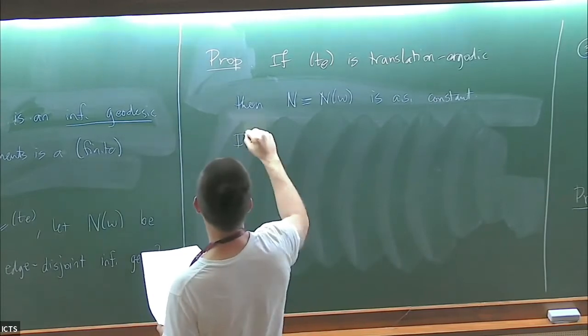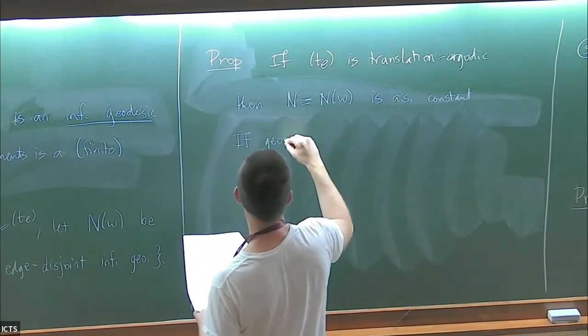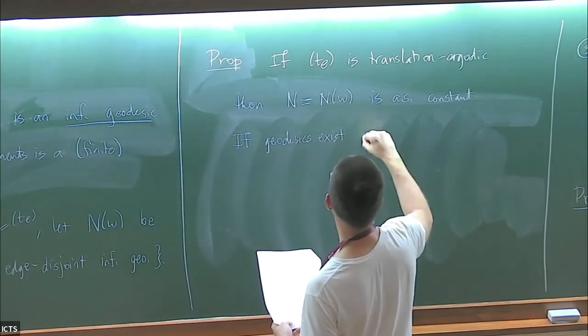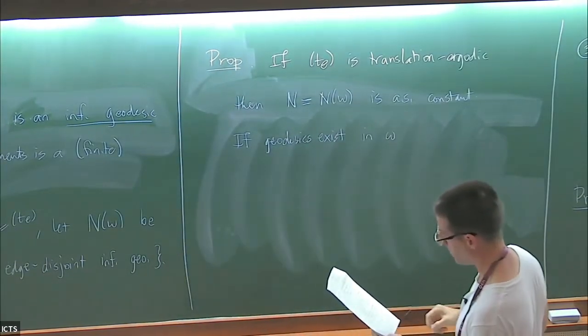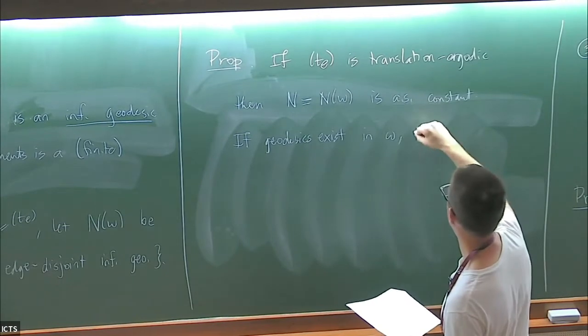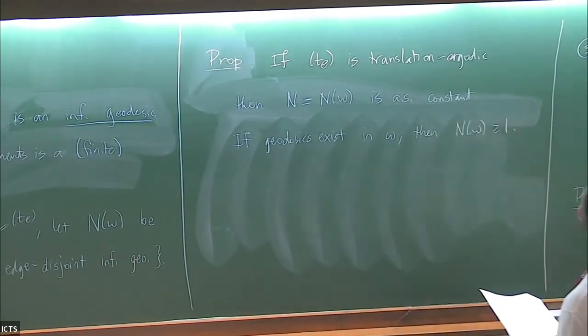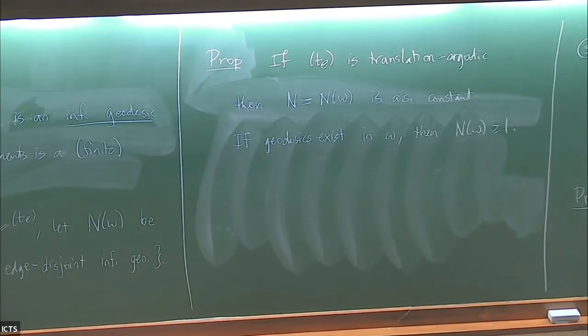Furthermore, if geodesics exist in the outcome omega, then n of omega is at least 1. When I say if geodesics exist, I mean if between any two points, there's a geodesic.